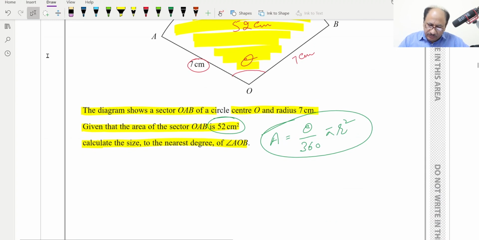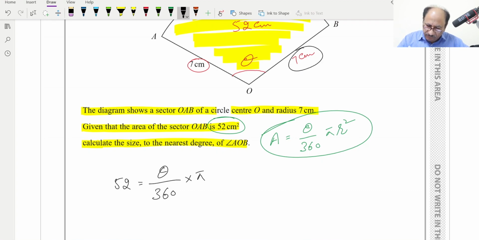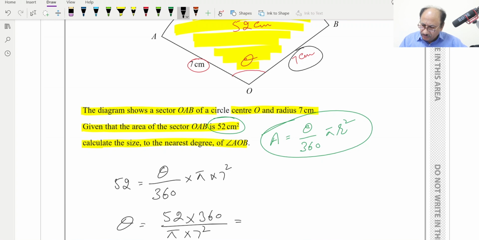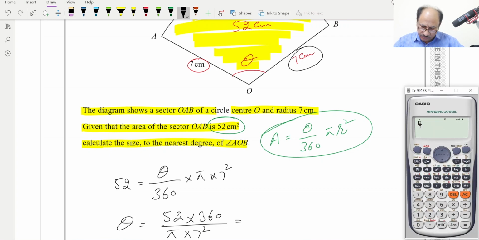We have area which is 52, so we will write A value is equal to theta over 360 times pi, and r squared, r value is 7, so multiplied by 7 squared, and theta will be equal to, we will shift everything to the other side, we'll make theta the subject, so 52 multiplied by 360, and this will be divided by pi times 7 squared, and this can be calculated as a fraction.